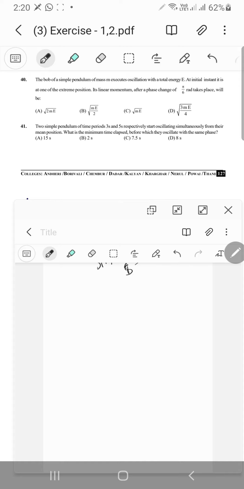At initial instant it was at one of the extreme positions. After a phase of pi by 6, it's gonna be pi by 2 plus pi by 6, something like that, which is like cosine of pi by 6. Cosine of 30 degrees is square root of 3 by 2, right? So it went from being 1 to square root of 3 by 2, but we want it in terms of linear momentum, right?